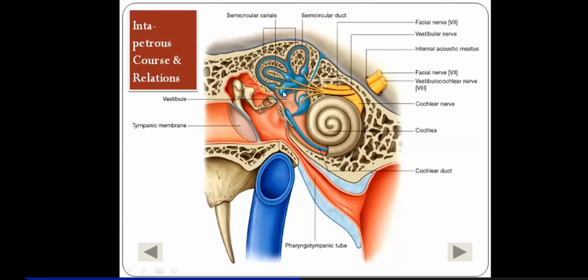Here you're seeing the vestibule, and it will be running here above the vestibule, the first portion. And then it will reach down here. This is the promontory, there was a bulging here. And ultimately, can you see this yellow color thing? This is the second and the third part of the facial nerve. Got it? Okay.